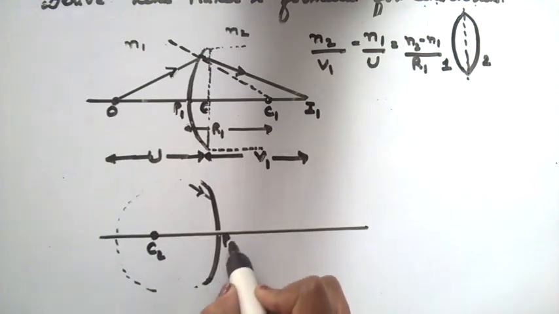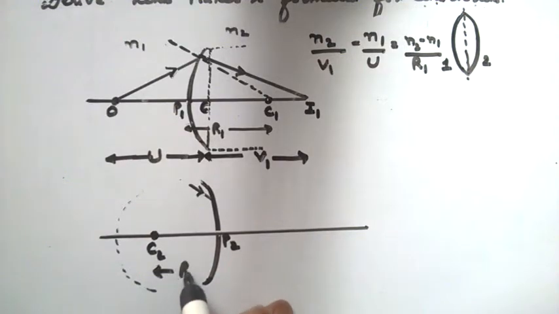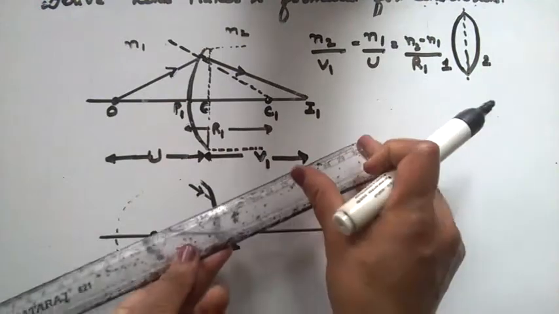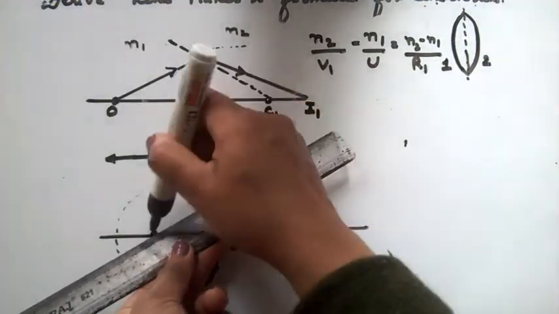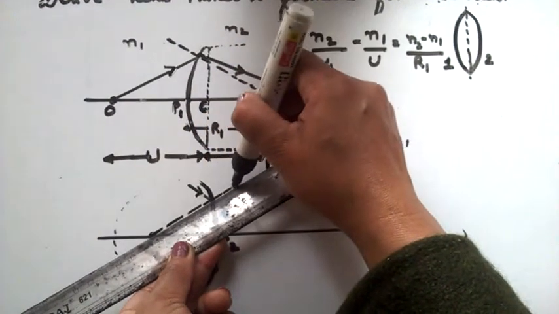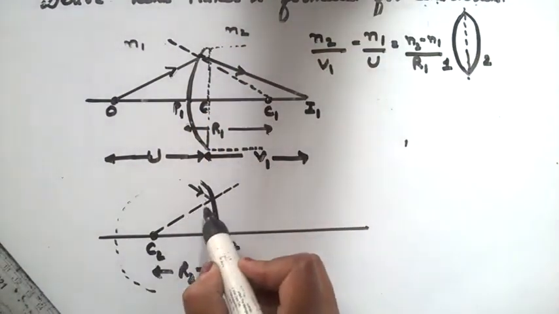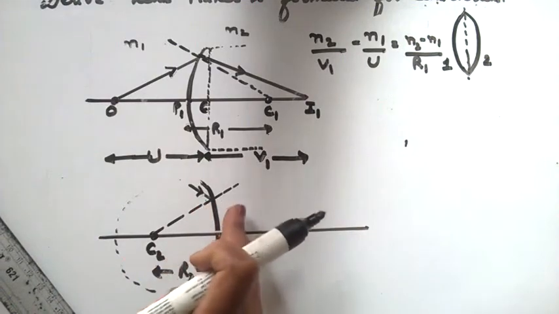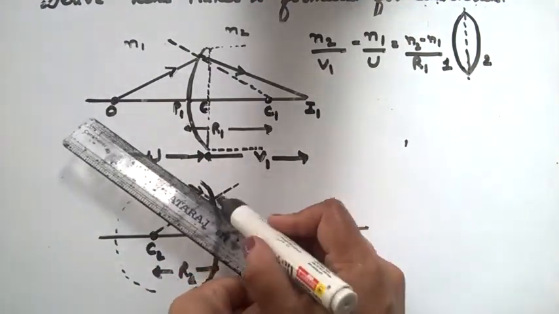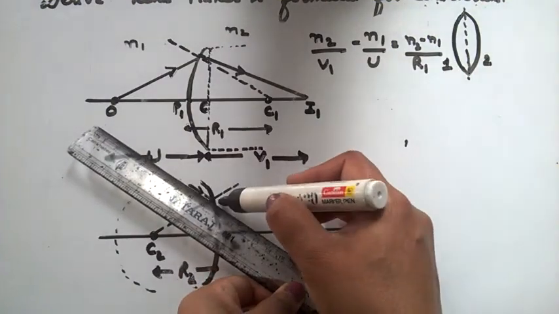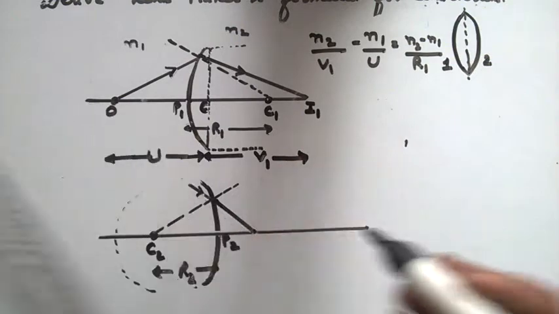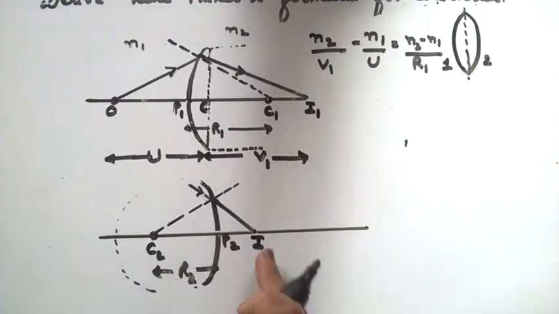Pole is P2. Radius of curvature is R2. And this is the normal passing through center of curvature C2. When the ray of light is coming from denser to rarer medium, after refraction it bends away from the normal. This is the normal drawn, and this is the image obtained. Let us call the image I.